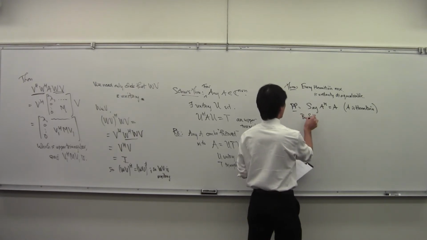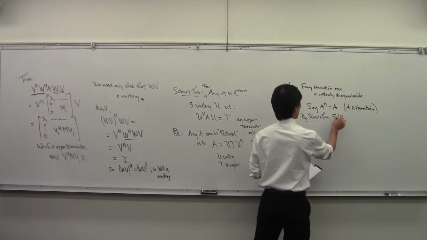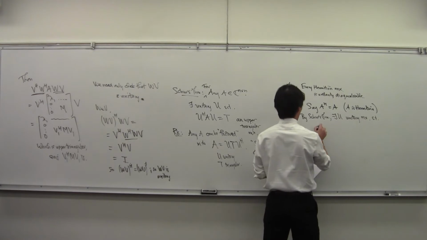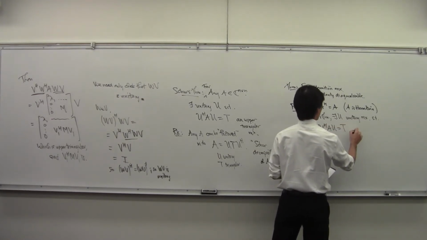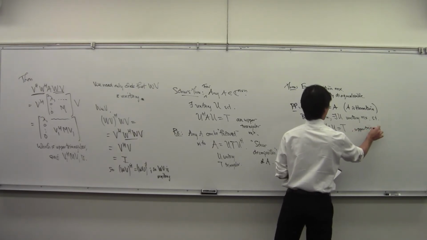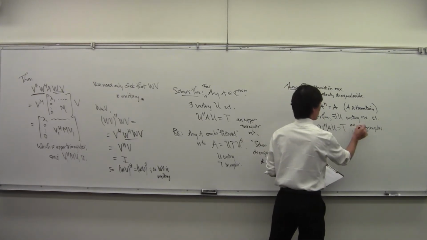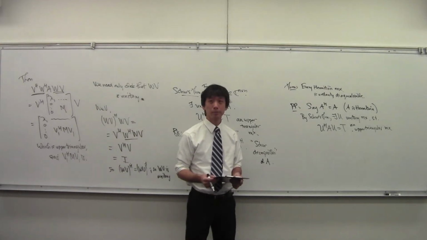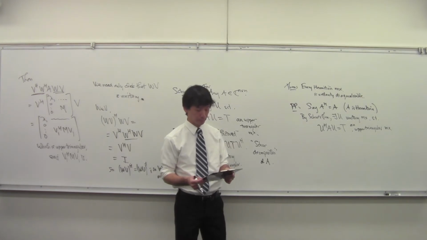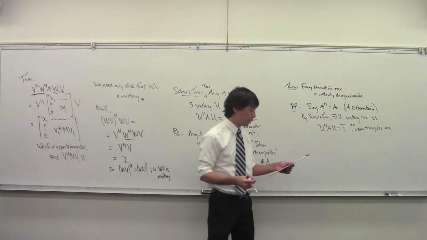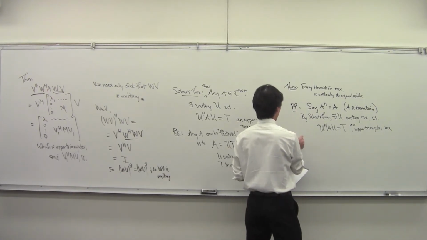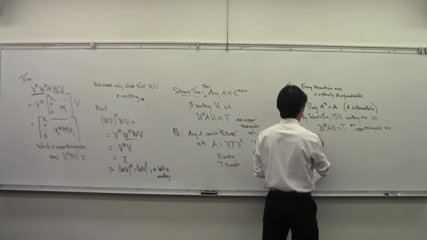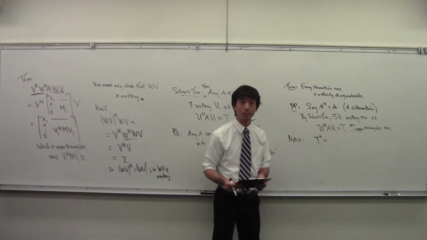By Schur's theorem, there exists a unitary U such that U H A U is upper triangular, call it T. But notice, what's T H?